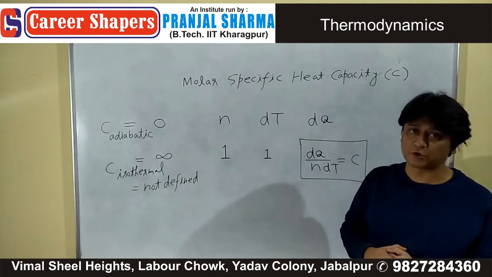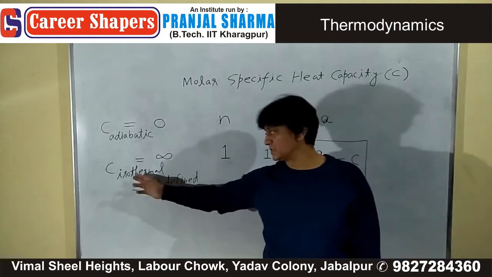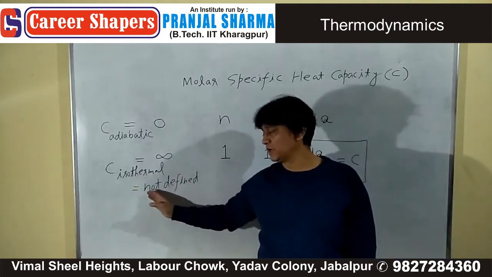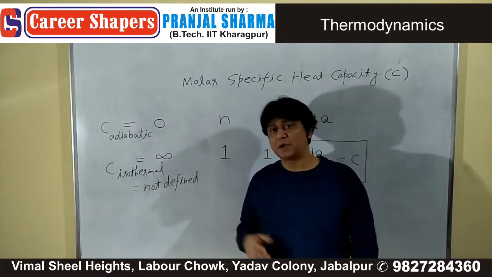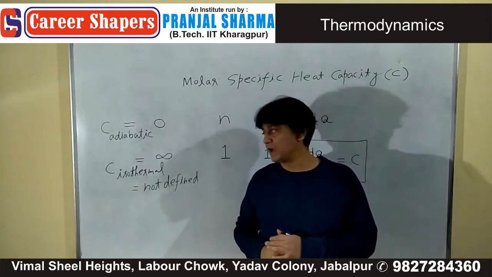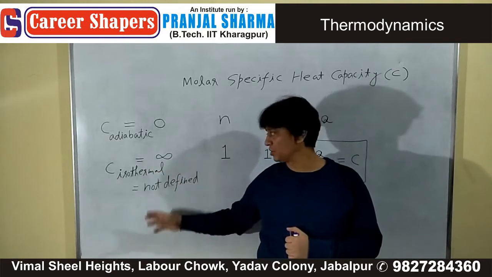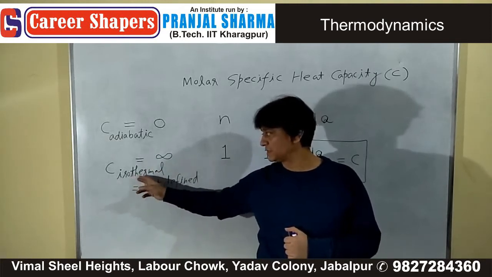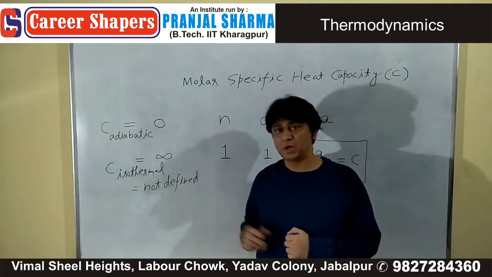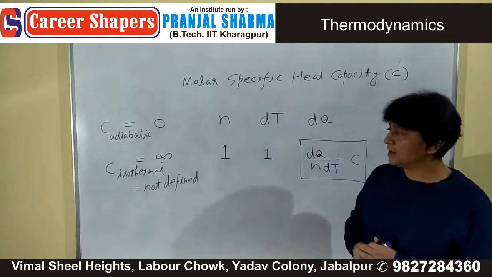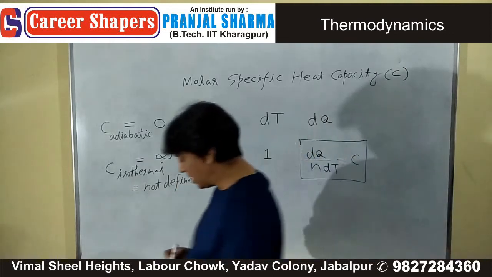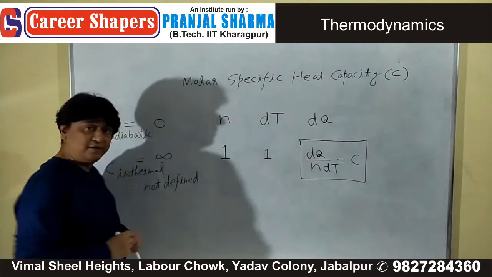Both things cannot be true, and therefore we say that C for an isothermal process is not defined, but at times you will find that for mathematical formulation you can take C isothermal as infinite.